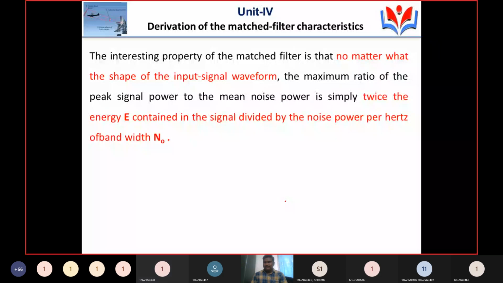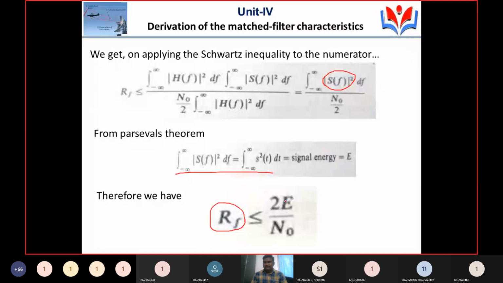So the matched filter output depends upon the energy and the noise power associated with each frequency component. Only this is the conclusion.